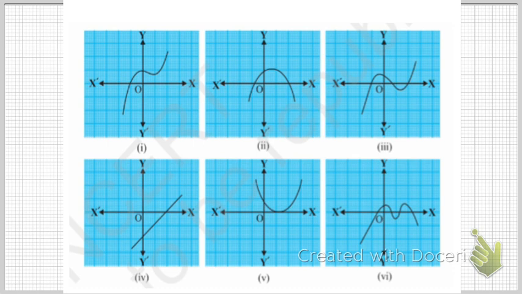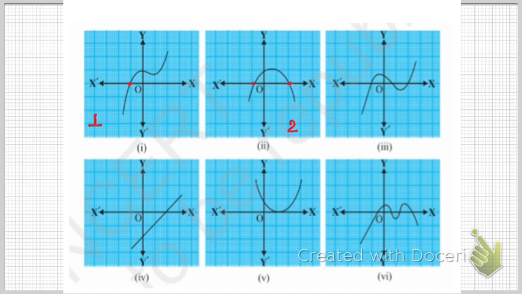So here we will be solving a few examples. Okay, so you have to find the number of zeros in each case. In the first one, the number of zeros is 1 because it is touching the x-axis at 1 point. In the second case, the number of zeros is 2.